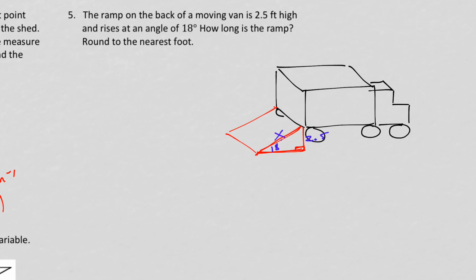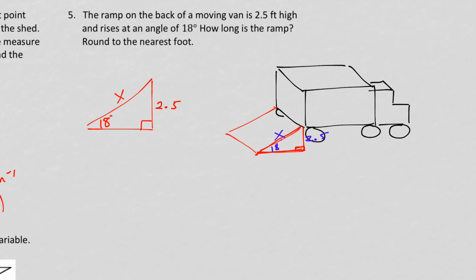If I redraw this triangle here for more clarity, so again, just draw a right triangle, have an angle of 18 degrees, a right angle there, a side of 2.5, and I'm looking for this side there. That's the same thing, but now I'm just taking the story out of it and just looking at a triangle. So now I can solve using my trig ratios.